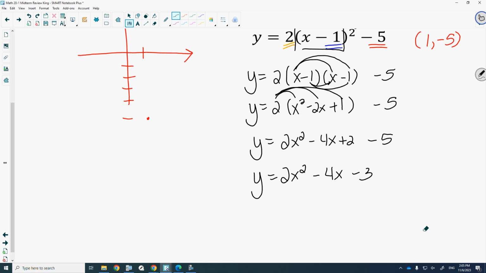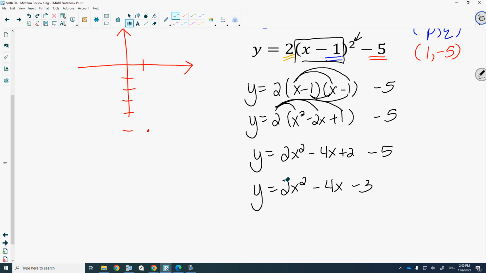This is the expanded or the general form. Again, my a value is the exact same. My y-intercept, though, is going to be -3. So that gives me my y-intercept. We could check on our calculators if we expanded correctly. How you would do that is you would plug this into y1 on our calculator, and plug this into y2, and we'd want it to be the exact same graph.